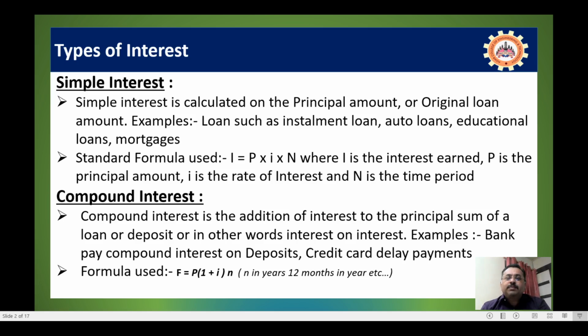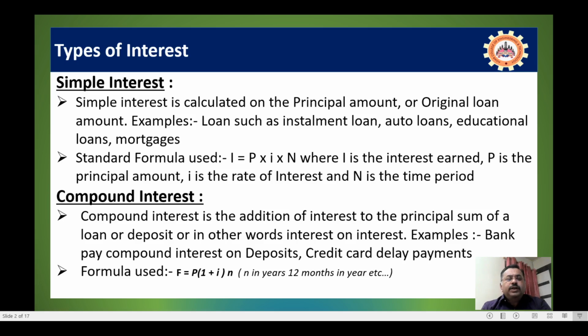Some books call it small n and some books call it capital N. Further we will use small n, the number of periods, where capital I is the interest earned, capital P is the principal amount, small i is the rate of interest normally calculated per year, and n is the time period for which the interest is being calculated.